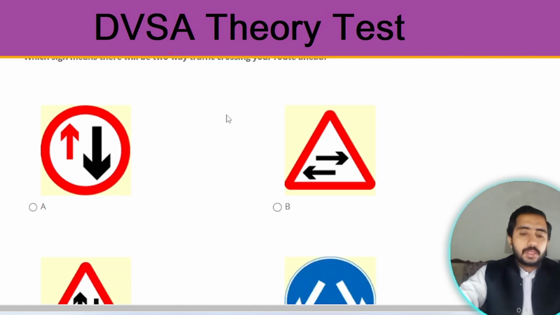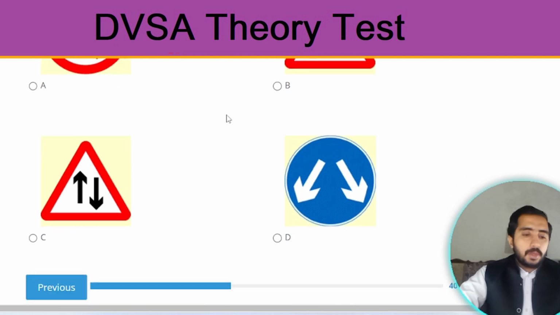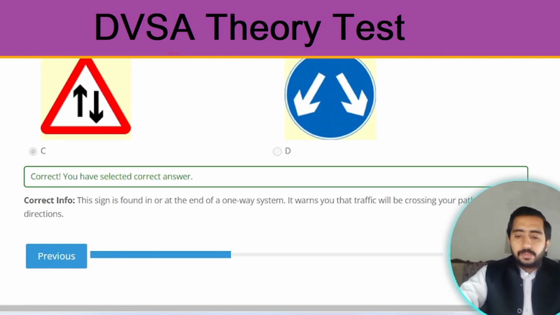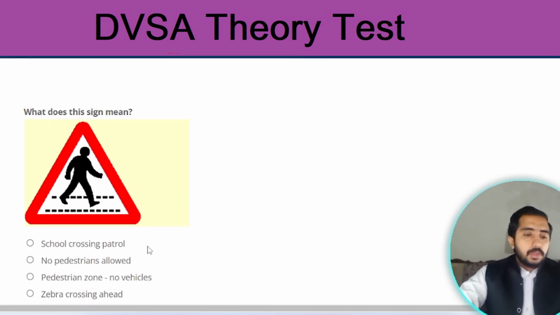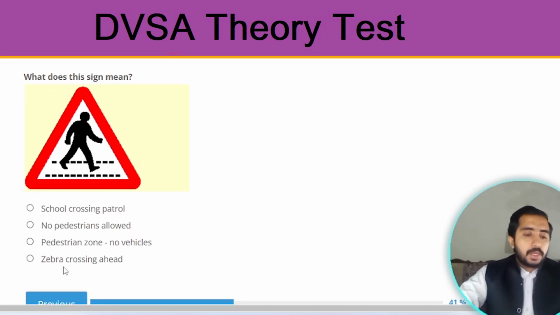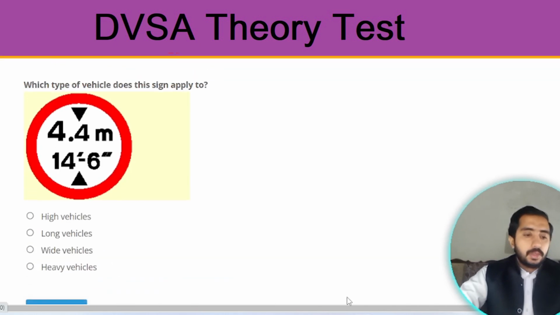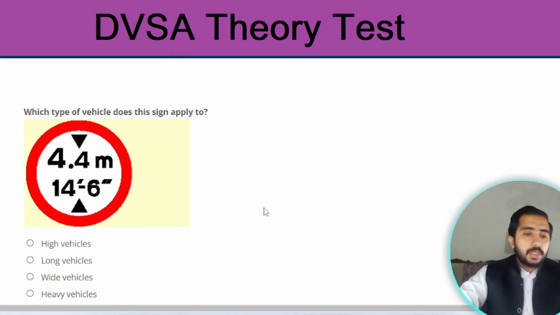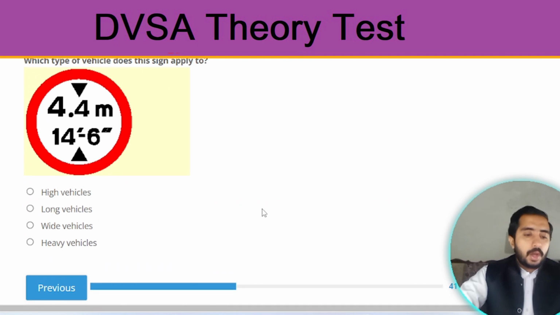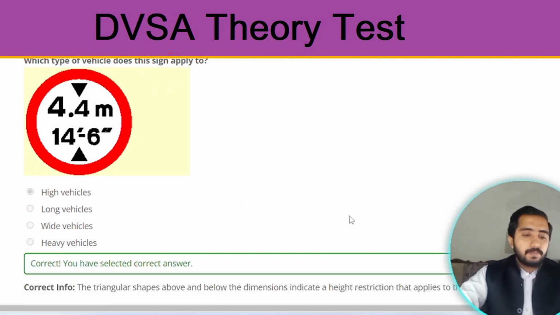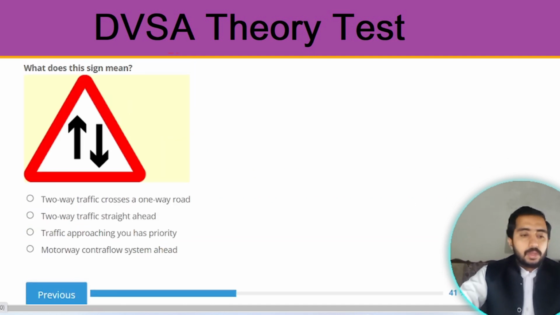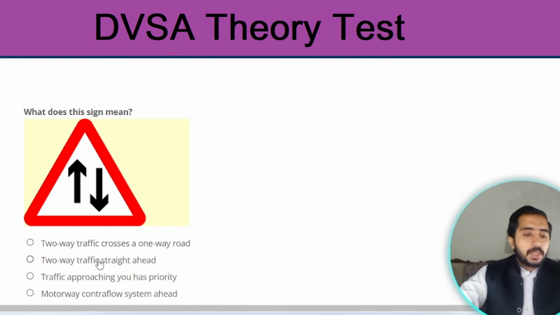The correct answer is symbol number 3, which is option C. Our next symbol is represented by zebra crossing. Next one, and our next symbol is applied to high vehicles. And this symbol is represented by two-way traffic straight ahead. Option B is the correct option.